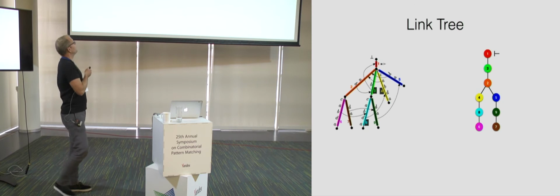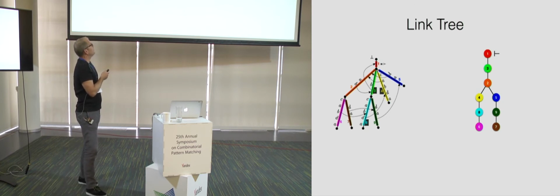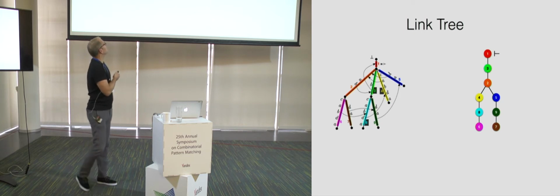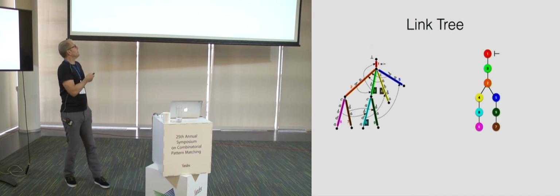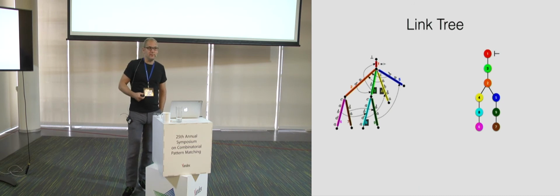And the suffix links are the edges. So the root of this tree is this edge here that goes between up tack to the root. We call that right tack. This is going to make it more convenient in the following algorithm.